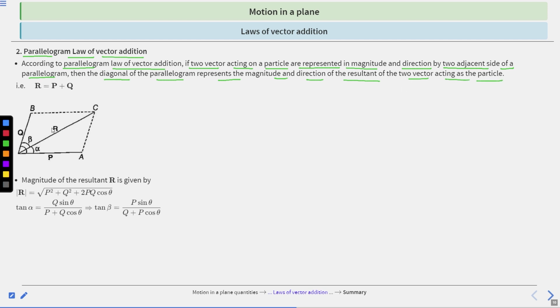This is a diagram of the parallelogram law of vector addition.